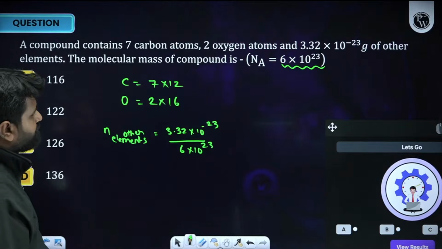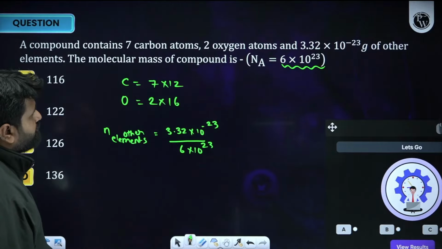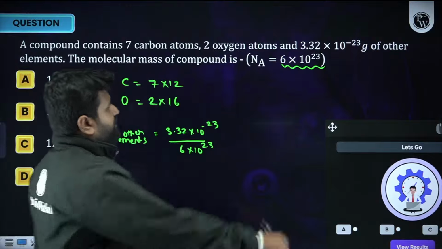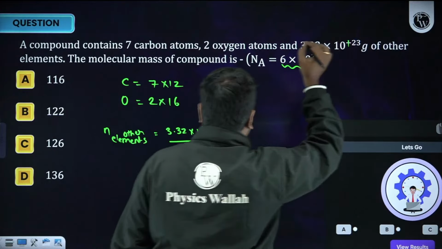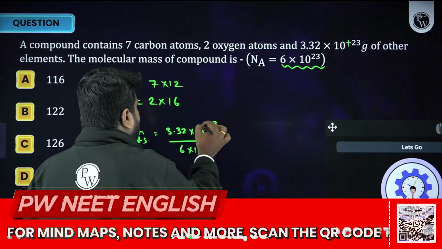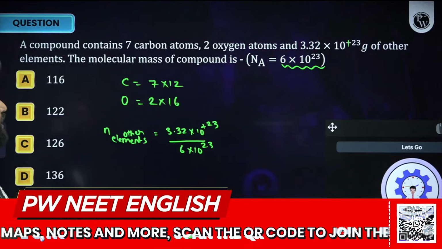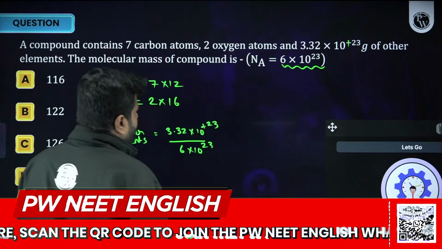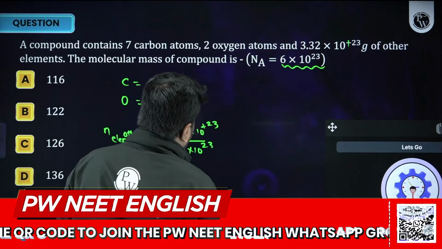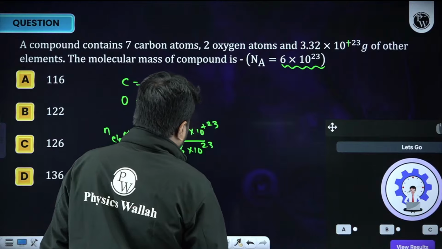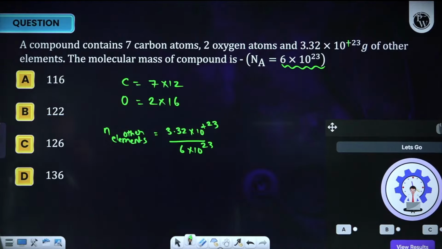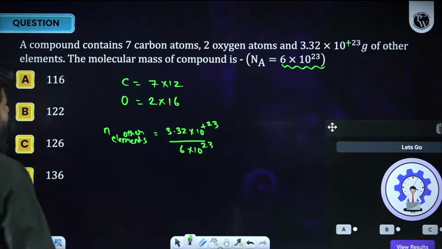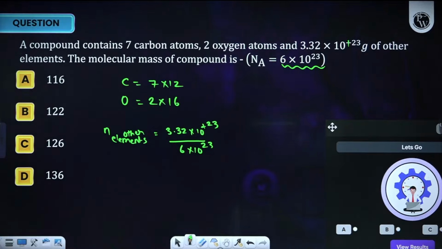I think that should be plus, my dear students. That should be plus. So what exactly will we be getting? 10 to the power 20. So once we find the number of moles, from that we can find out the rest.